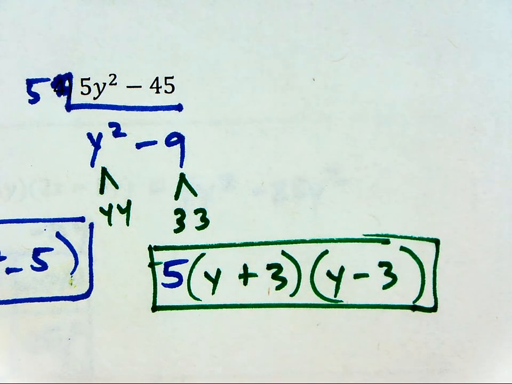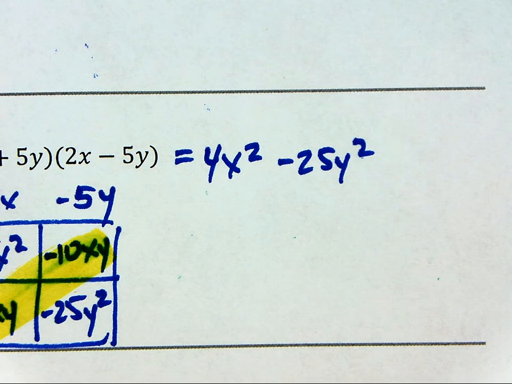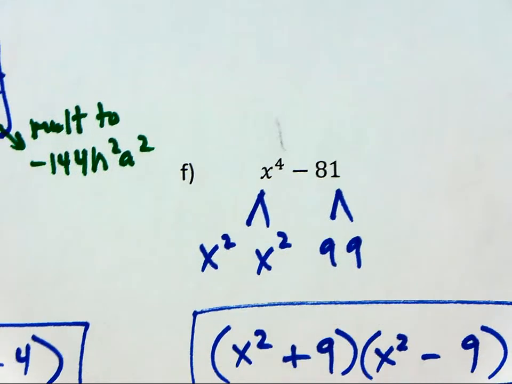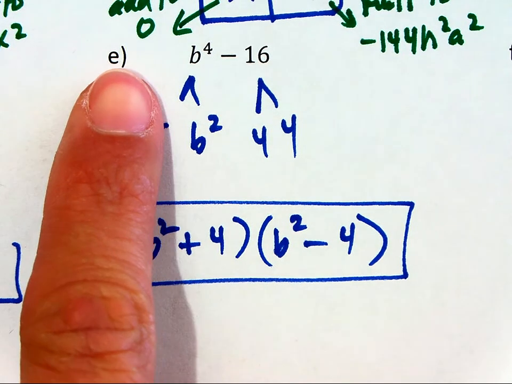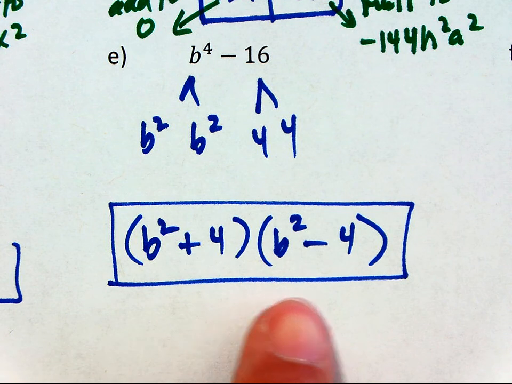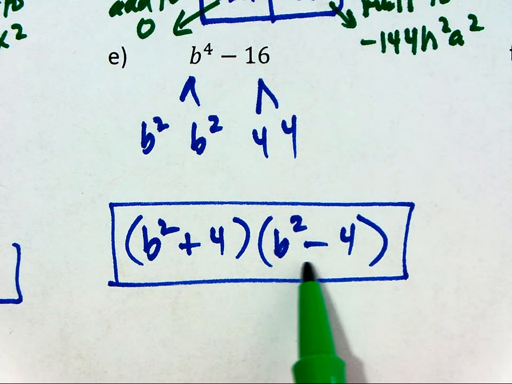Now I just thought of something. If we go back to the first page, you know, I just realized that for e, so we factored this, we got b squared plus 4, b squared minus 4. I just realized that this is another difference of squares, right?